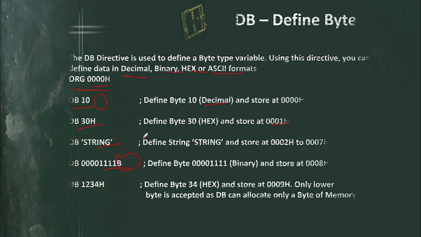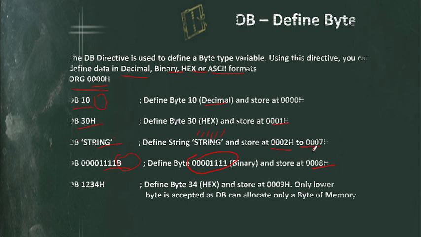After 1, this string will be stored from 2 to 7, because the characters will be stored in 2, 3, 4, 5, 6 and 7. So if you write db with a binary number in b, it will be stored at the next address, that is 8.